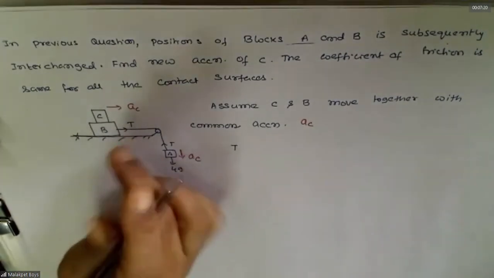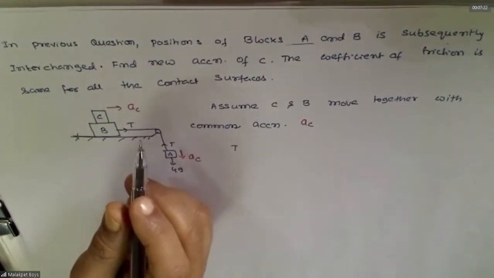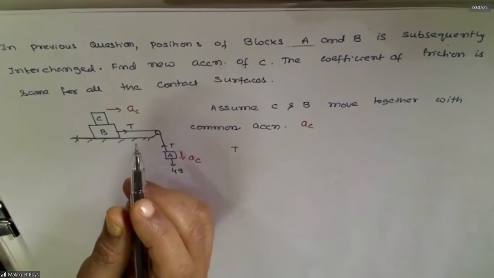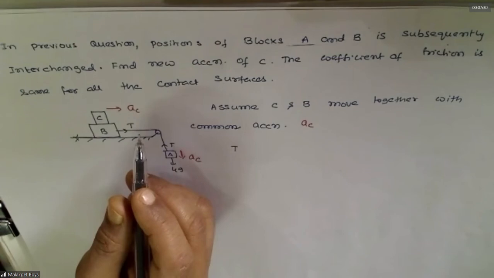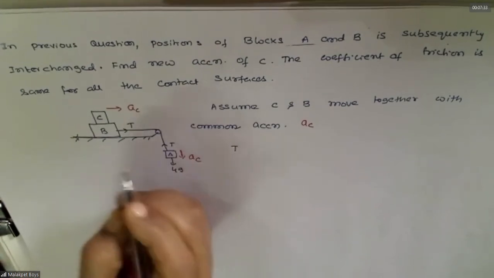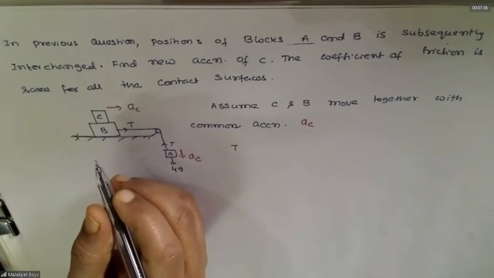So here, is any mu given? Previously, is any mu given? No, sir, we found it. Yes, sir, in the last question we found that mu, 0.5. Okay, you got 0.5.